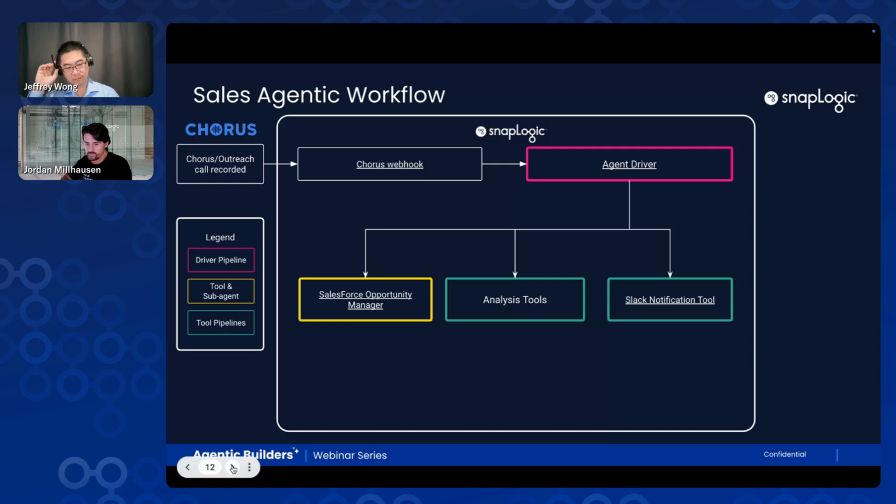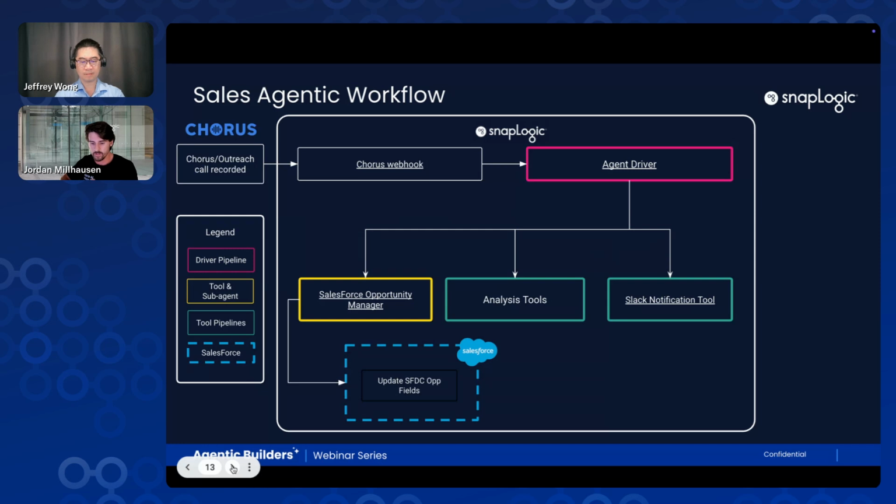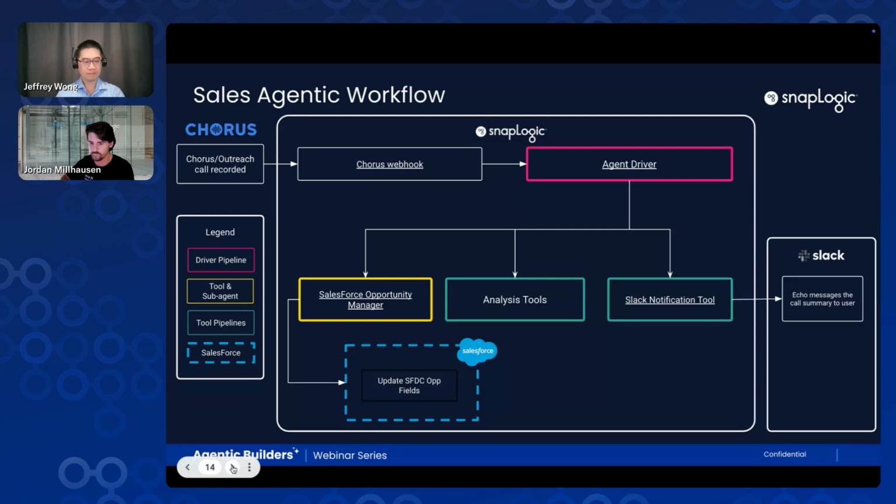And then the Slack notification, so the user doesn't have to go to another online system or go to Chorus, because Chorus does provide summaries of calls, but it's not directly in your inbox. This entire process is seamless. Once a call is finished recording, you do nothing besides wait for the DM to hit your Slack inbox. And that's what's happening here.